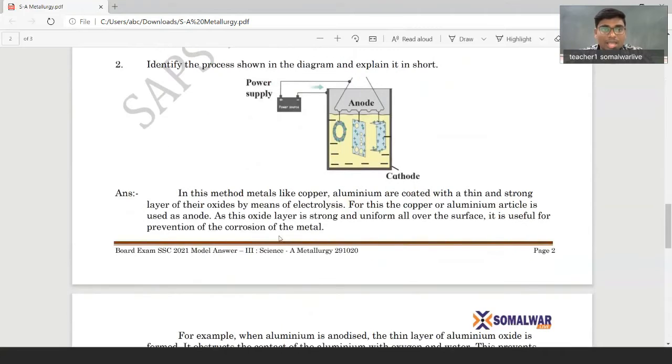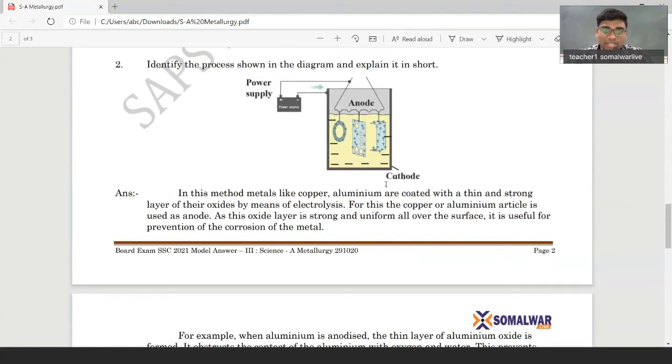Now, identify the process. This process is called galvanization, where we do electrolysis and one substance is coated over another. In this process we pass an electric current, and the cathode is the outer layer, and the innermost substance which is to be coated is treated as the anode.